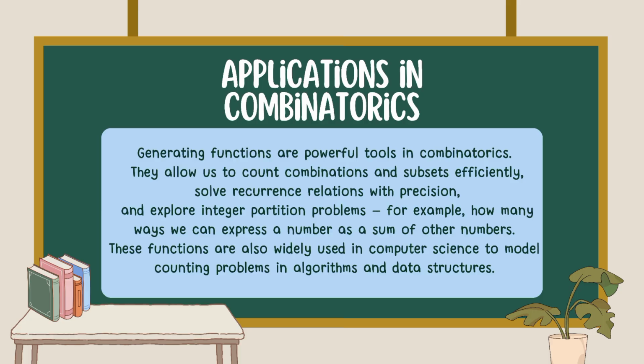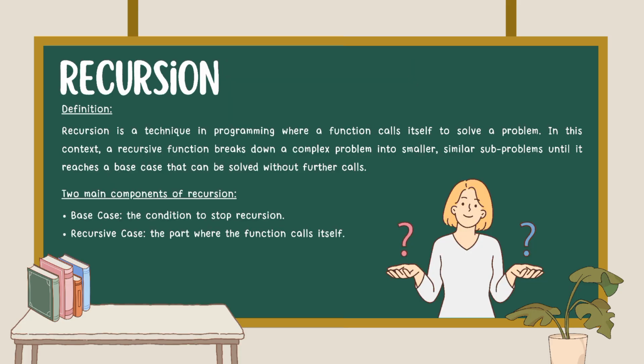These functions are also widely used in computer science to model counting problems in algorithms and data structures. Recursion. Definition: recursion is a technique in programming where a function calls itself to solve a problem. In this context, a recursive function breaks down a complex problem into smaller, similar subproblems until it reaches a base case that can be solved without further calls.